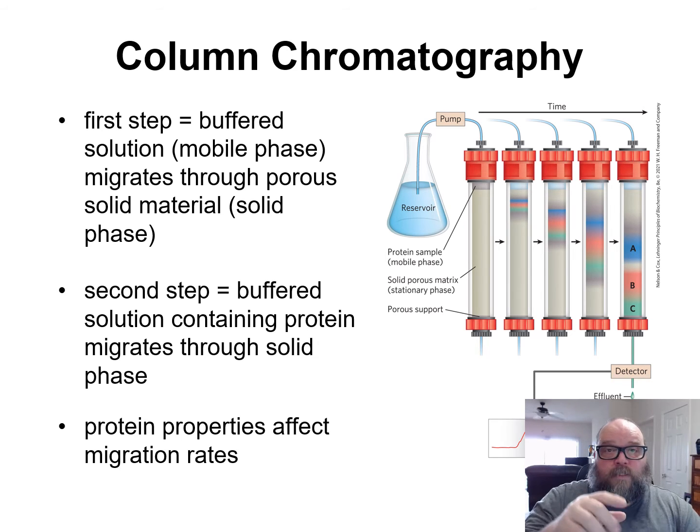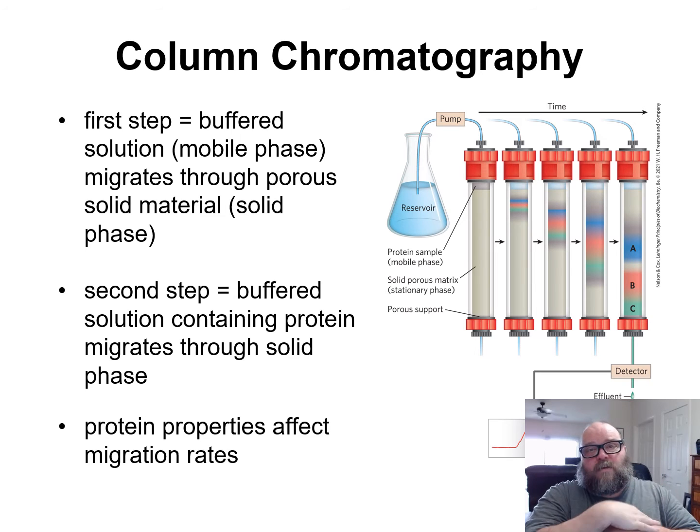And then you go through and test. Tubes 1 through 5, nothing of interest. Tubes 5 through 10, well, this seems to be where C is. So you pool all of those together. Tubes 10 through 18, that seems to be where B is. Pool those together, and you just keep going and going.